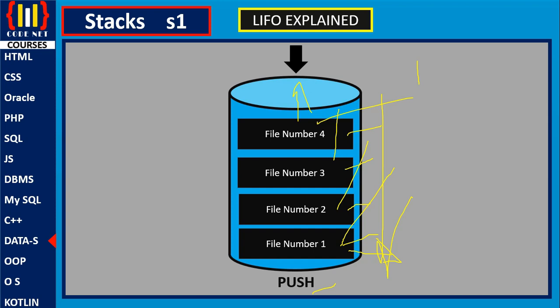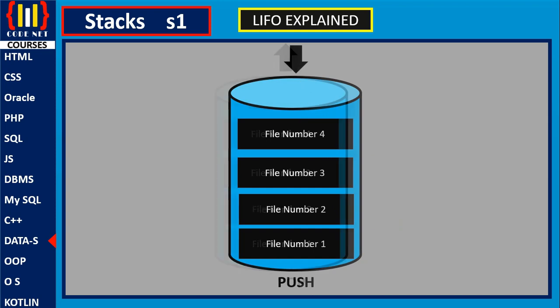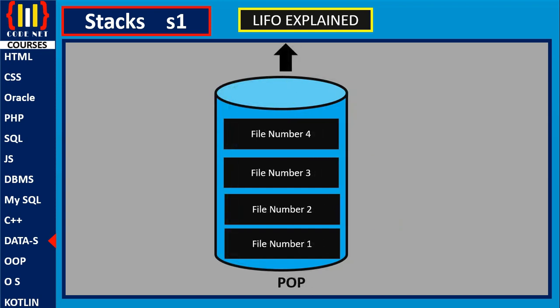Now let's proceed with the explanation of LIFO. You can tell that we still have the same container. We were inserting the files, and this was the first file to be inserted, then second, third, fourth. When it comes to getting out the content inside this container, this stack, how can LIFO be applied? If we are to remove, we can't remove file number 1 as the very first file, because it won't even come out.